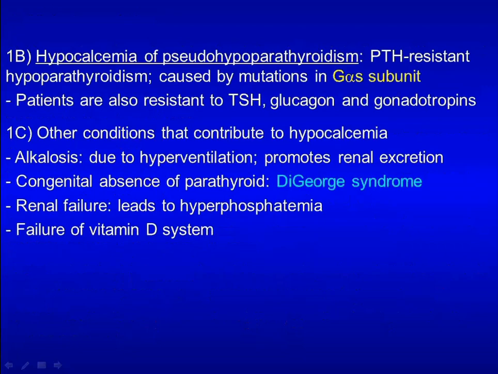Second condition is hypocalcemia of pseudo-hypoparathyroidism. It is PTH-resistant hypoparathyroidism. It is caused by mutations in Gs-alpha. Since Gs-alpha also functions in signaling mediated by receptors for TSH, glucagon, and gonadotropins, patients are also resistant to these hormones.